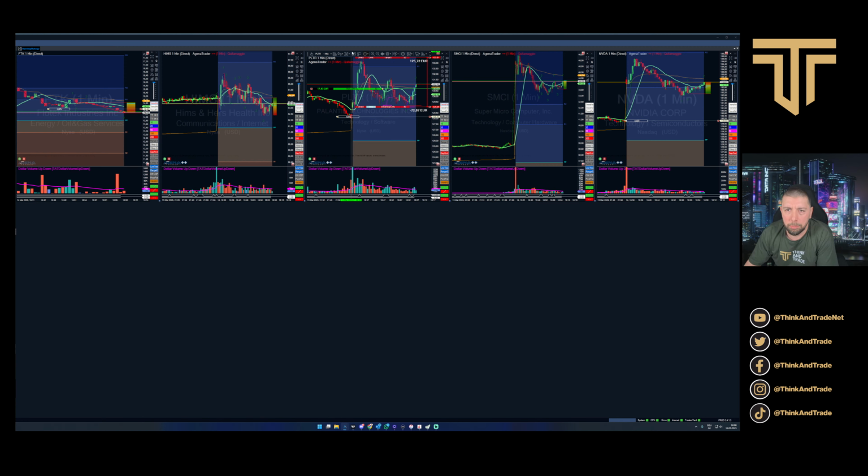So it's building right now kind of a reversal pattern, this W you see here. The ideal would be if we could go over 131.73.